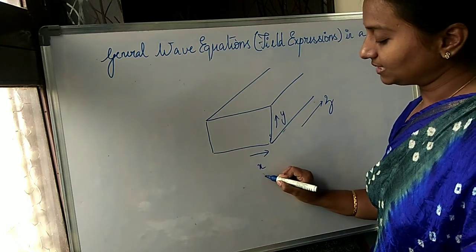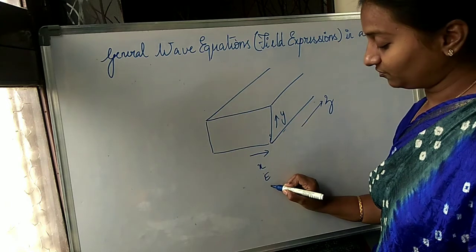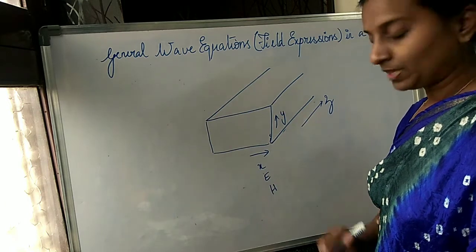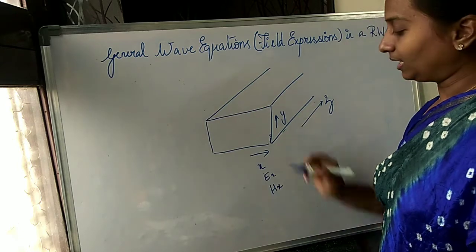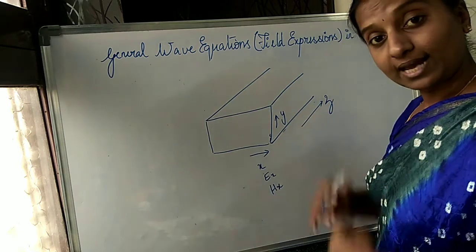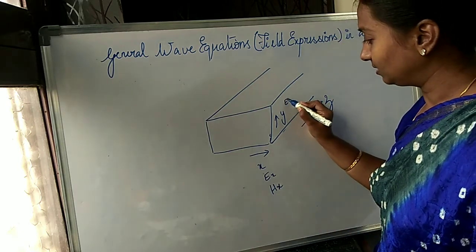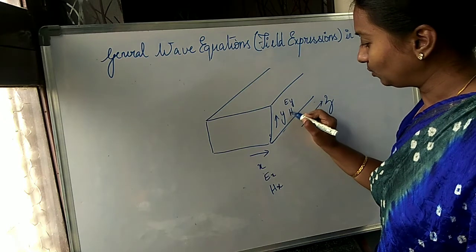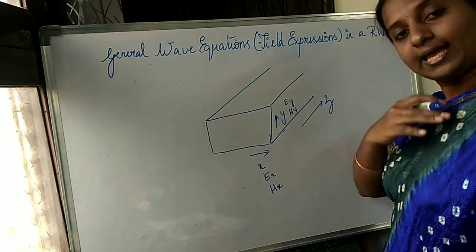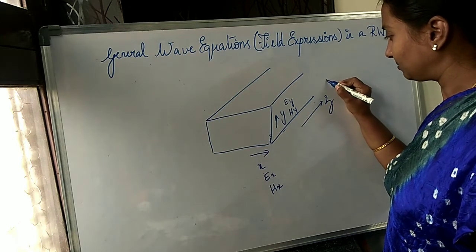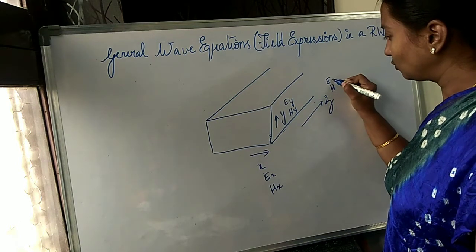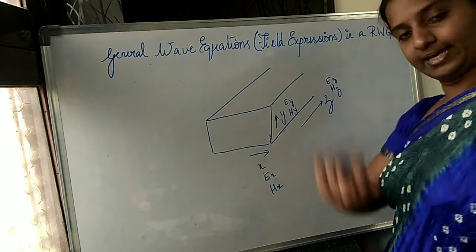Along the x direction, it will have electric field and magnetic field, denoted by Ex and Hx. Along the y dimension, I will have Ey and Hy. Along the z dimension, I will have Ez and Hz.